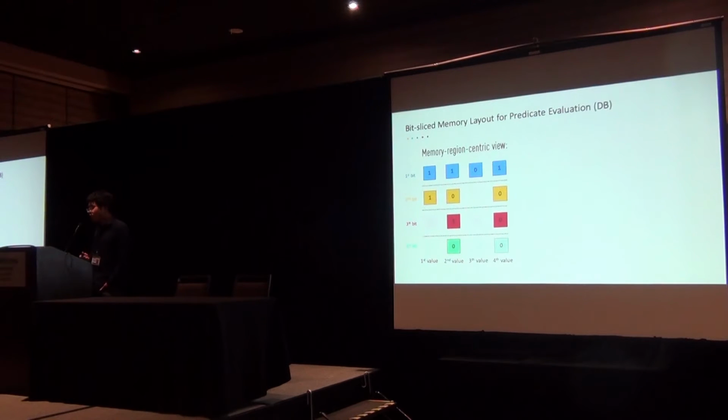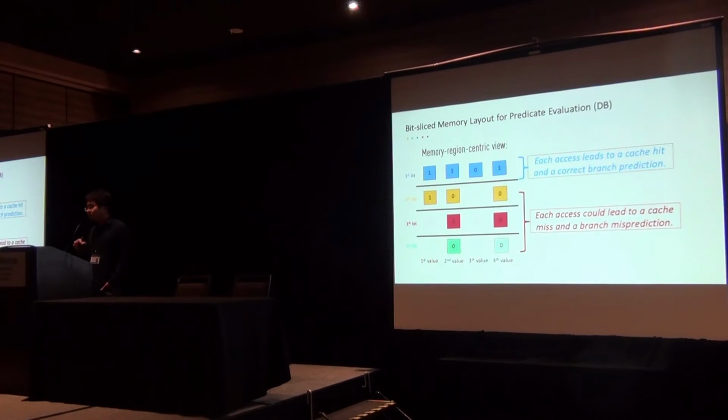In the memory region central view, we can see that for the memory region of the first bit, each access leads to a cache hit and also correct branch prediction. So it's quite good. But for the remaining memory regions, for the second, third and fourth bit, each access will lead to a cache miss and also branch misprediction.